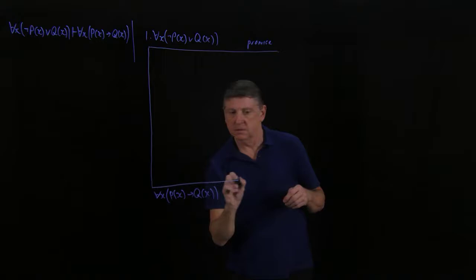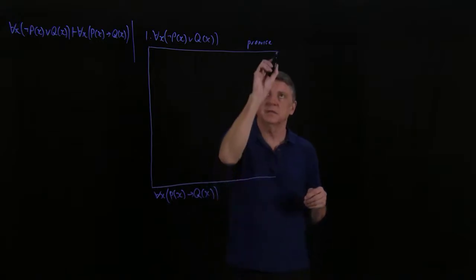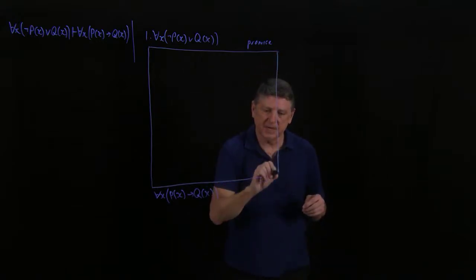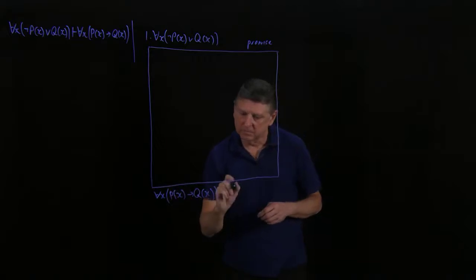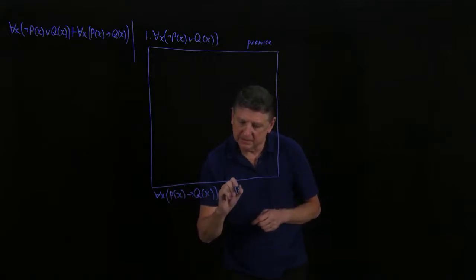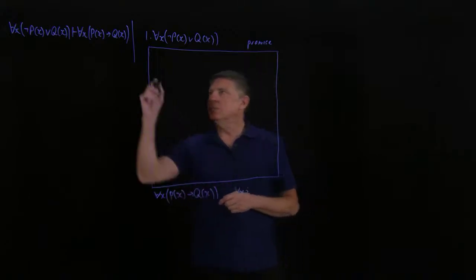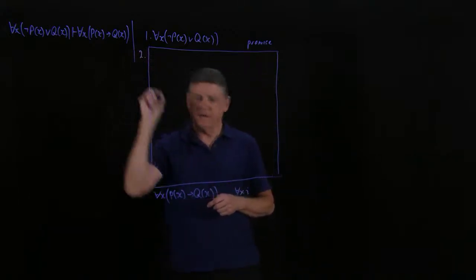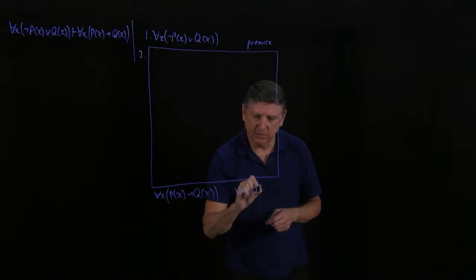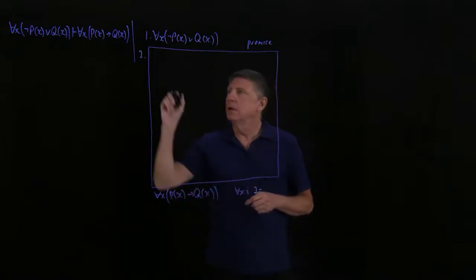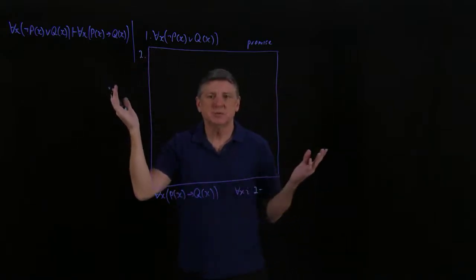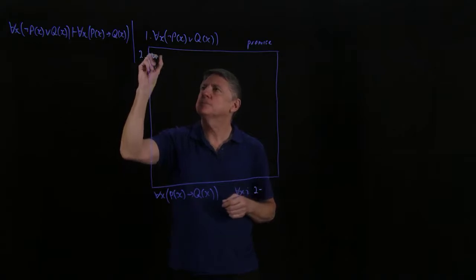So I'll open the box, and I'll say that the justification immediately is this will be universal introduction. The box will start at line 2, and I don't know how far the box will go. Let's introduce W this time.